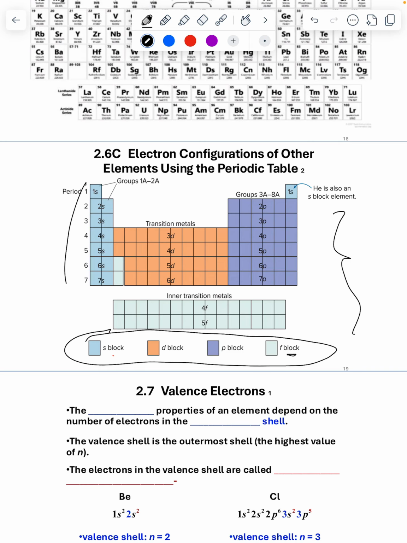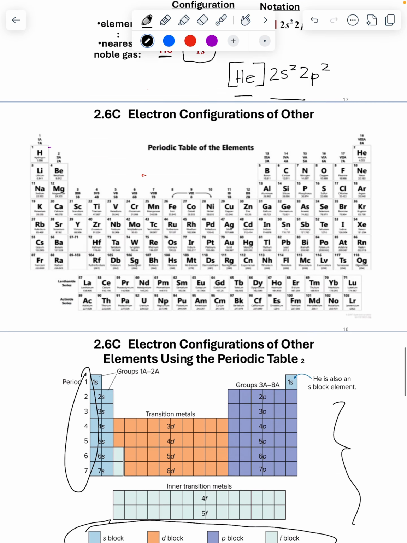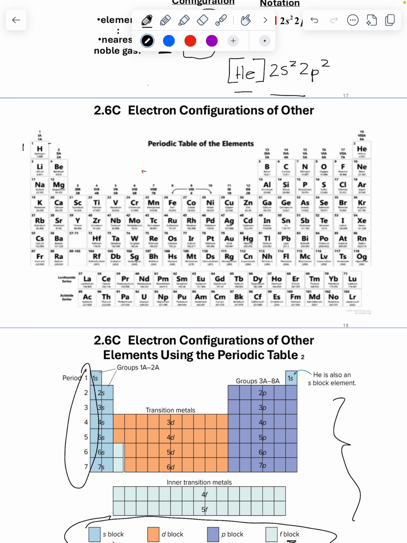We did go ahead and mark the period numbers on your periodic table, so let me just rewrite those. Remember that we said they correspond to that principal energy level, N equals, periods 1 through 7, that'll be helpful to us.